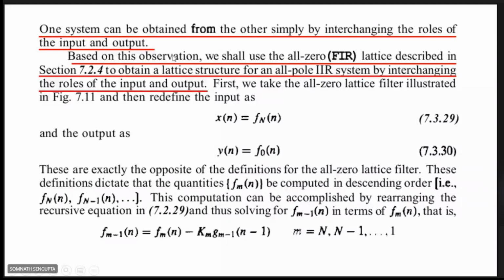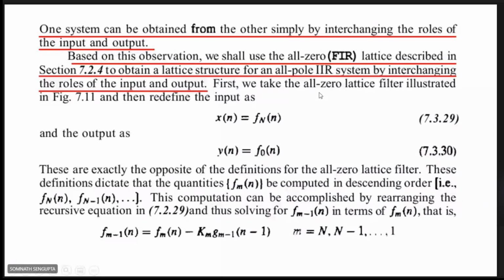Based on this observation, we shall use the all zero FIR lattice described in the previous section to obtain a lattice structure for an all pole IIR system by interchanging the roles of the input and output.